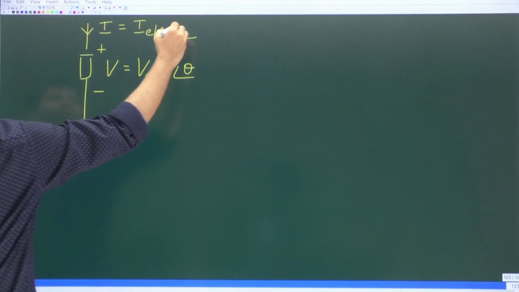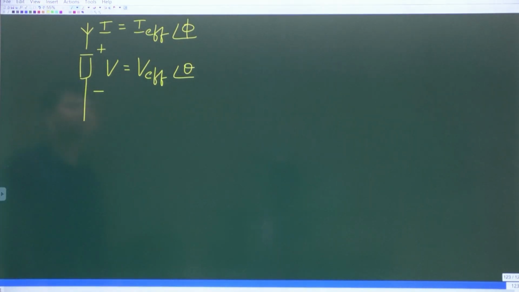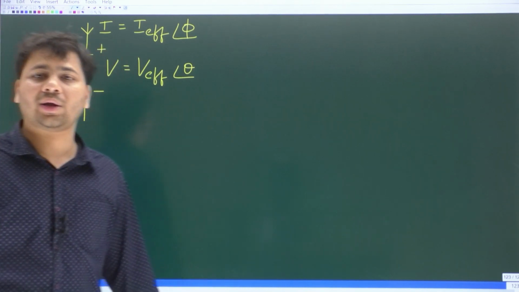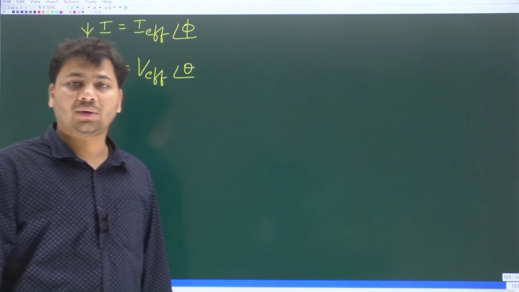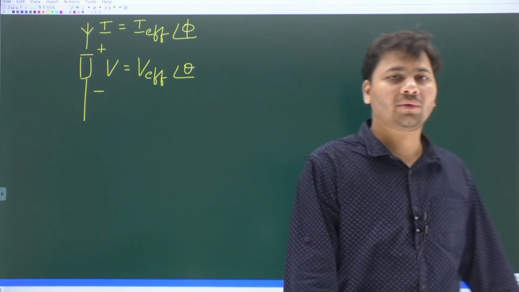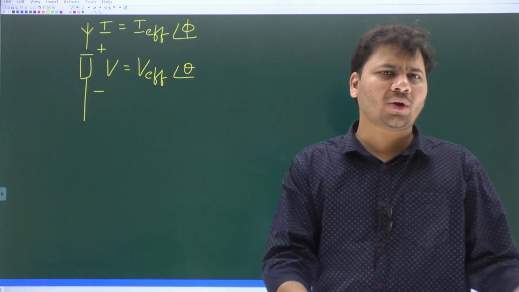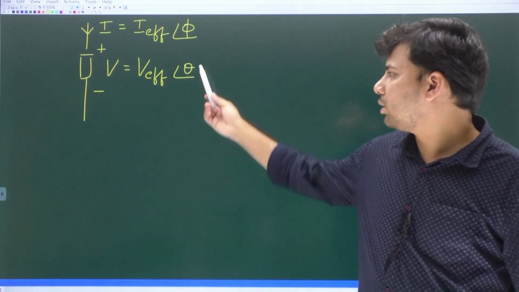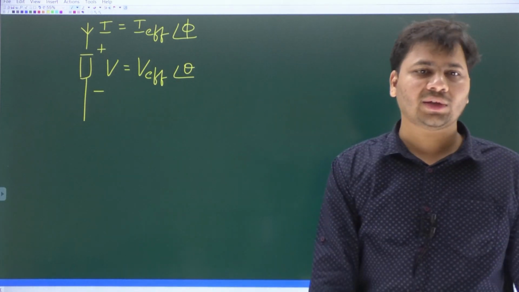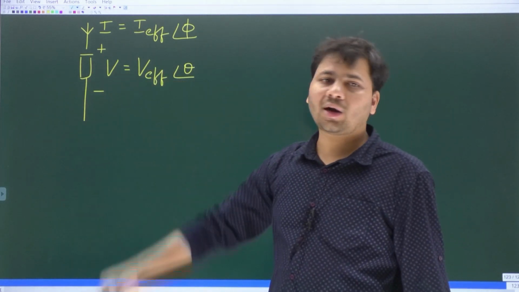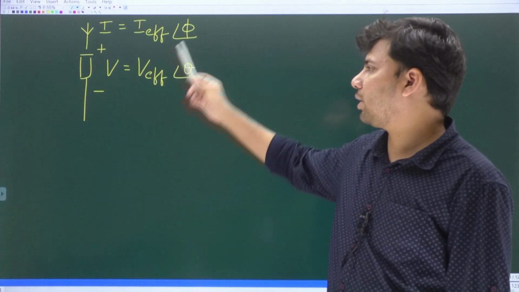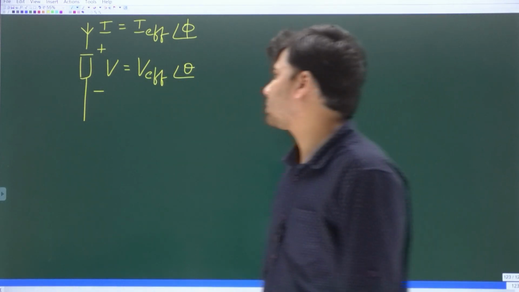So for the two-terminal element, the voltage and current are represented in the phasor domain. The phasor voltage is V effective, meaning the RMS value, followed by the phase angle theta. And the current flowing from plus to minus is I effective angle phi.